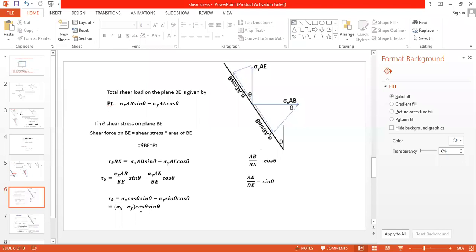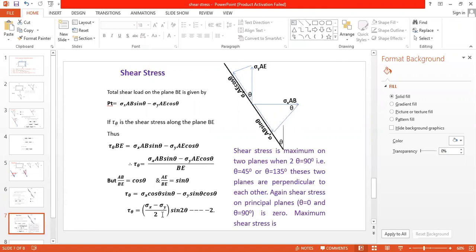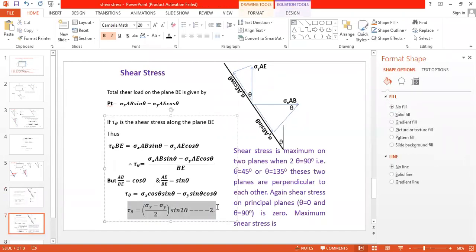Now product of cos theta sin theta is sin 2 theta by 2. Sin 2 theta by 2. Therefore, your equation will be like this. That is, this is tau theta.